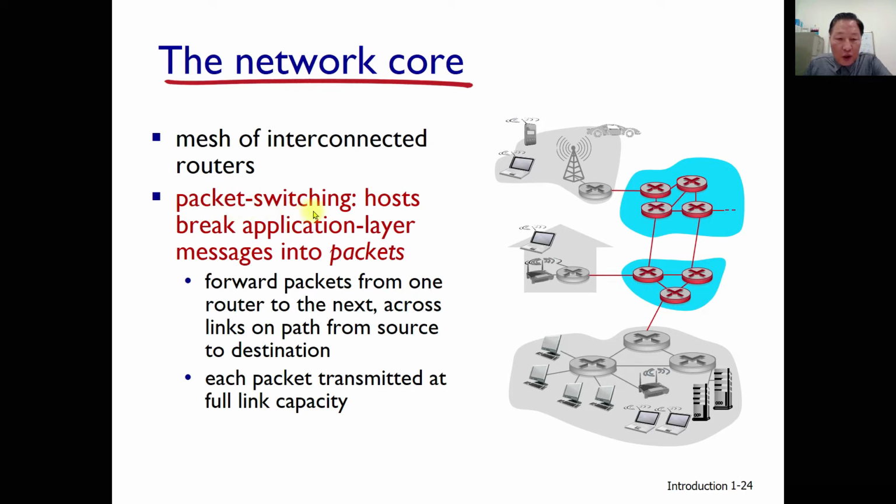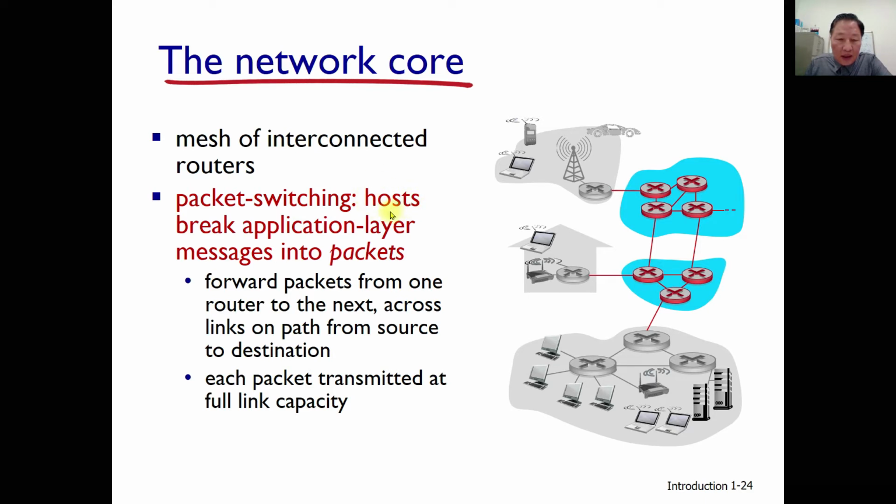And the packet switching concept is important here because the datagram, that is a chunk of data, is called a packet. This one is switching, that means exchanging the packet to arrive at the final destination.